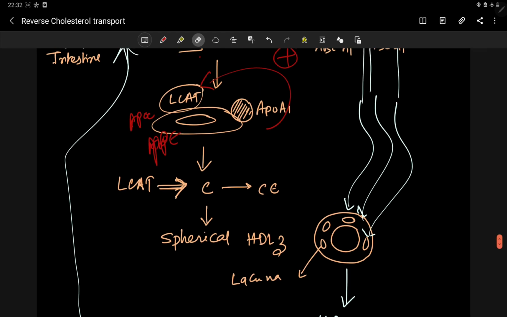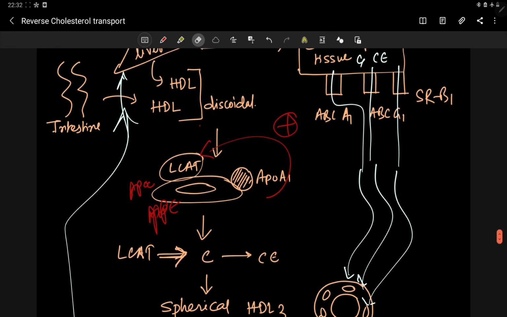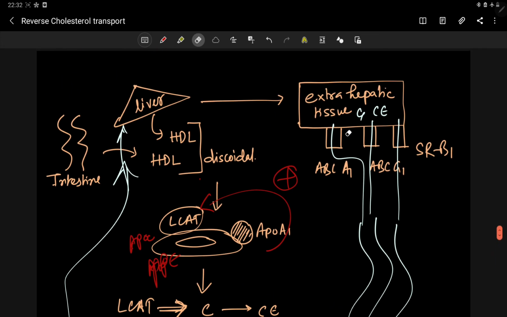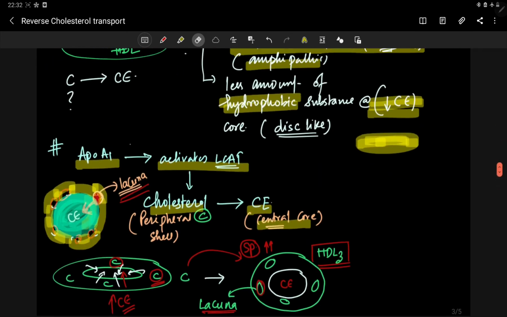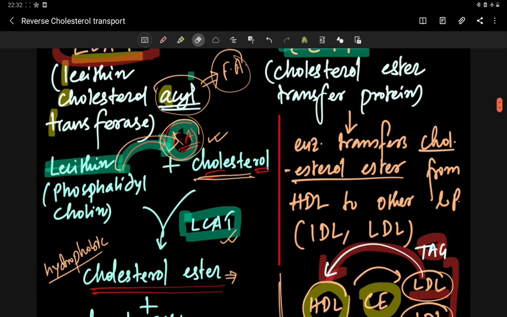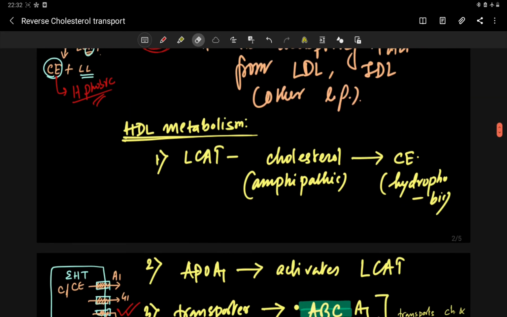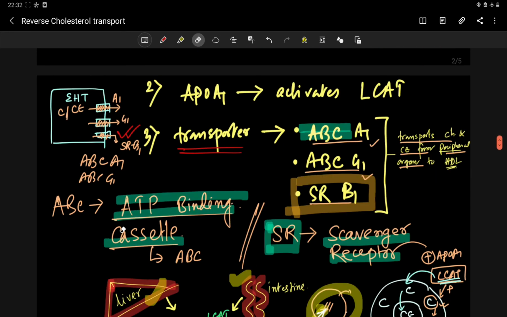Now in this spherical HDL3 there is some lacuna due to the conversion of cholesterol into cholesterol ester, and this lacuna is filled by cholesterol coming from the extrahepatic tissue through three transporters. These three transporters are located at the extrahepatic tissue level. They are ABCA1; ABC stands for ATP binding cassettes.